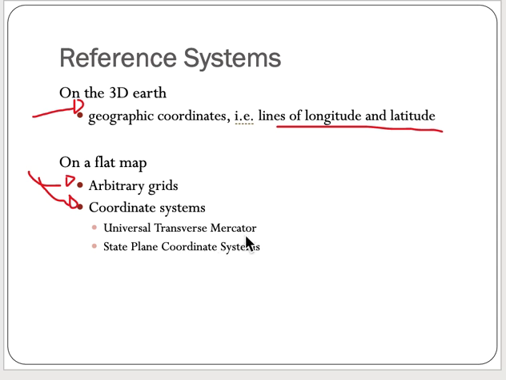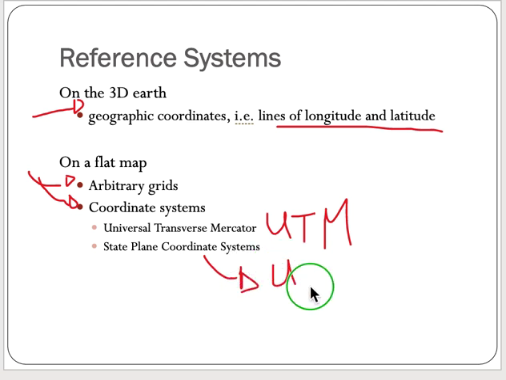So the two commonly used reference systems are the Universal Transverse Mercator, also known as UTM, and the State Plane Coordinate Systems, which is mainly used for the US. Again, the State Plane Coordinate Systems was created for the United States of America. So it's only applicable for the US.